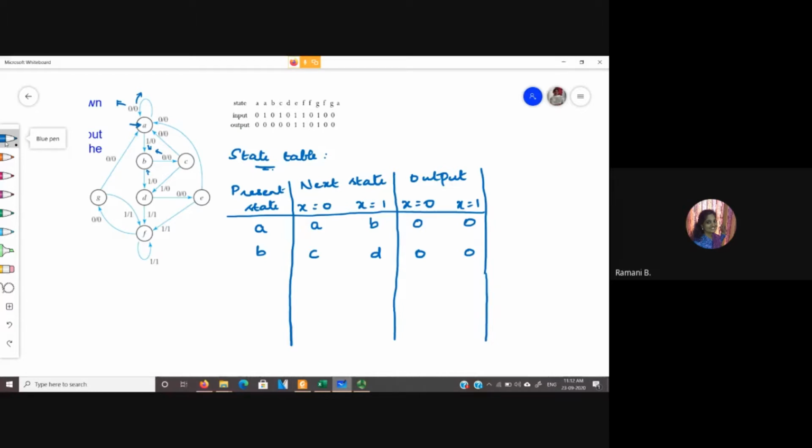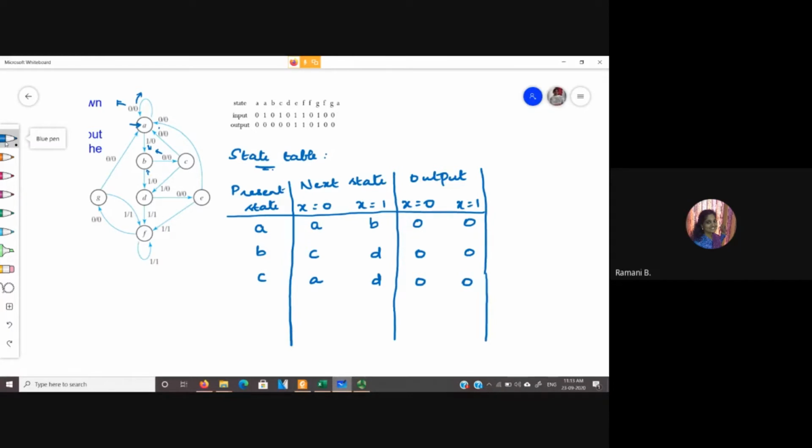Next with C, we can see two arrows going to A and D. When the input is 0, I am going to state A and the output is 0, and when the input is 1, I am going to state D and the output is 0.